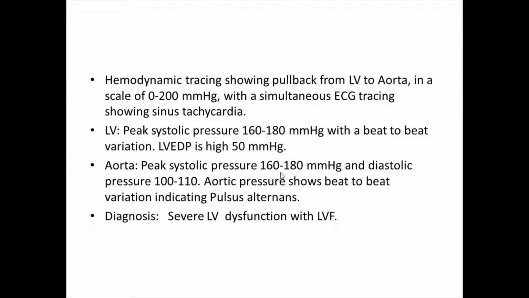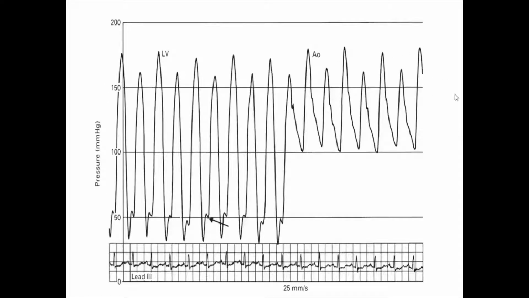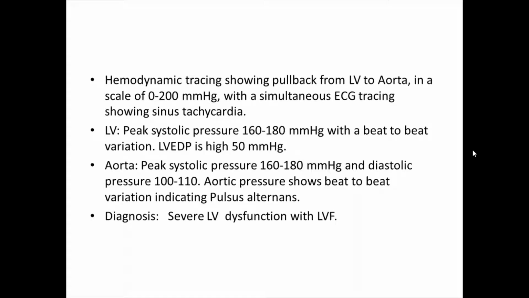Aorta peak systolic pressure 160 to 180, and diastolic pressure of 100 to 110. Aortic pressure also shows beat-to-beat variation, indicating pulsus alternus, because we are feeling the pulse from the aorta. So diagnosis: severe LV dysfunction with left ventricular failure.